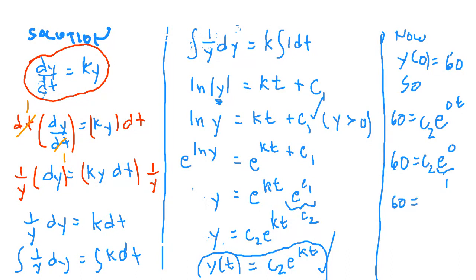And so 60 equals C2, and therefore now we have that y of t equals 60 times e to the kt power. So we were able to solve for one of the constants. What's left now is the constant k. Are there any questions so far?